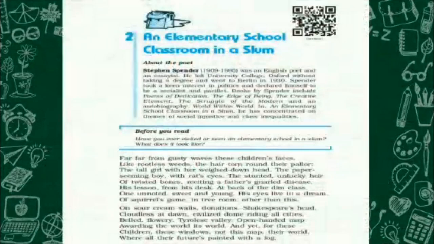Here is the complete poem. An Elementary School Classroom in a Slum. Far, far from gusty waves, these children's faces like rootless weeds, the hair torn round their pallor, the tall girl with her weighed down head, the paper-seeming boy with rat's eyes, the stunted, unlucky heir of twisted bones, reciting a father's gnarled disease, his lesson from his desk.